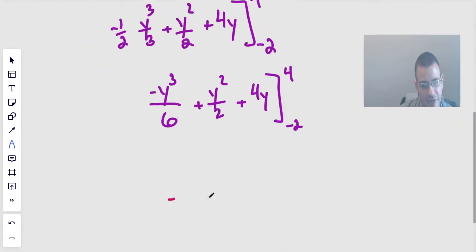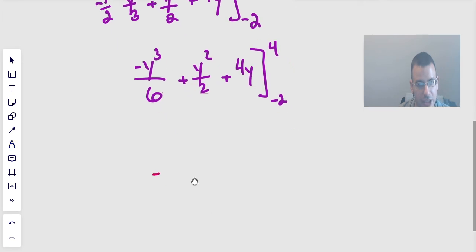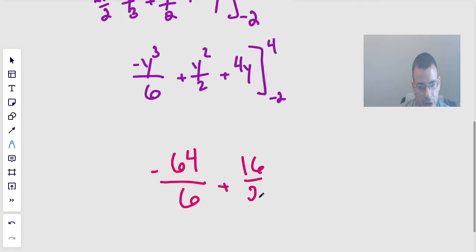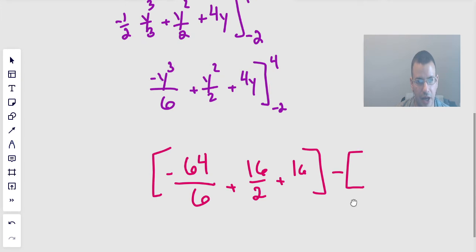So we'll do negative y cubed, which is going to be 4 cubed, which is 64. 64 over 6 plus 16 over 2 plus 4 times 4, which is 16. And we're going to subtract from that negative 2.